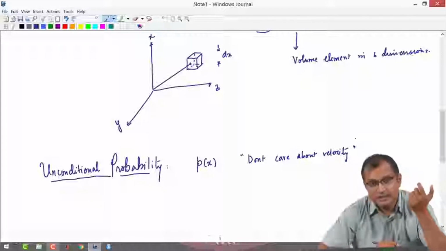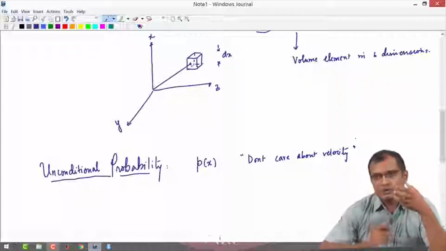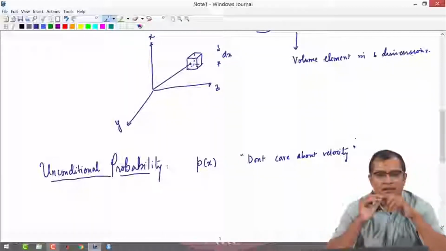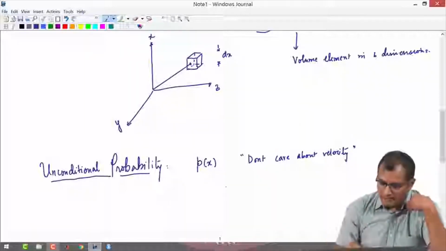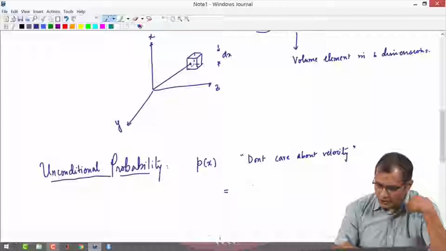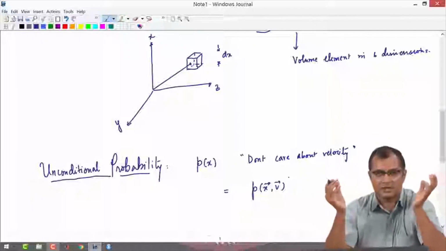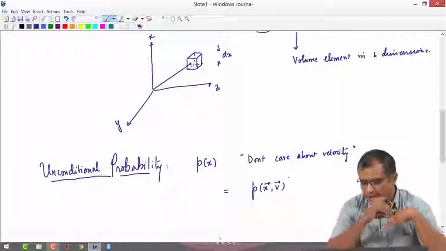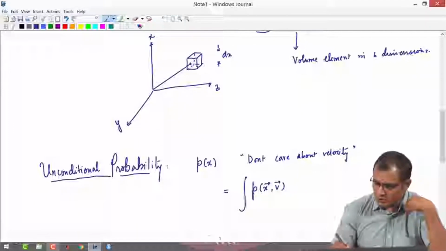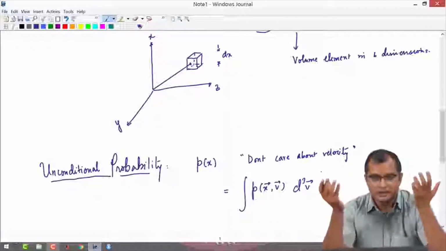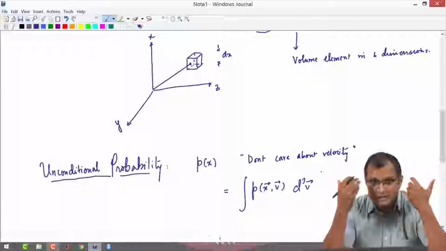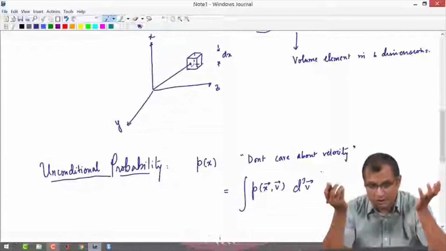Now what that means is that you're asking an unconditional probability estimate. You're saying that I will take the joint probability density, one that has all the information of positions and velocity, and I'll simply integrate this over all possible velocities, because I don't care what the particle's momentum or velocity is.